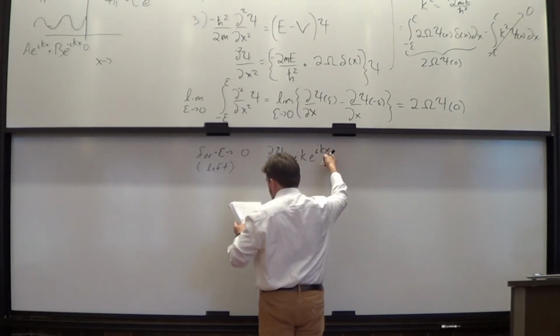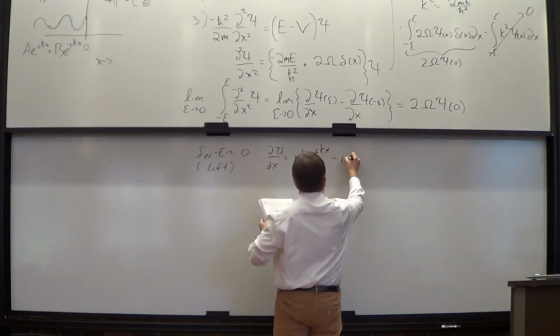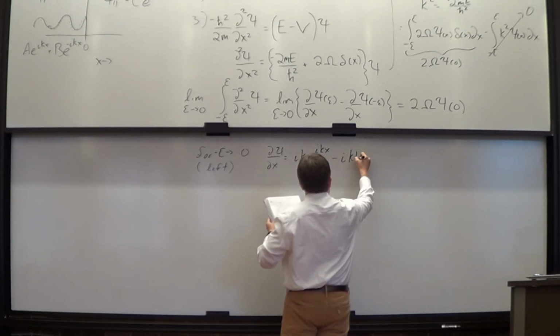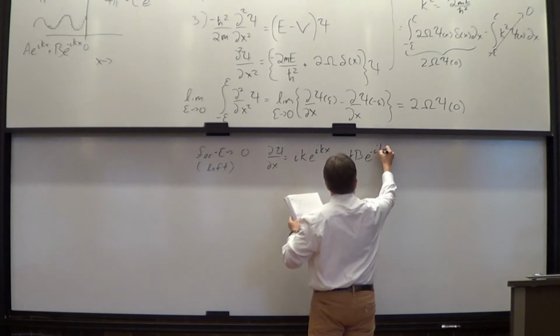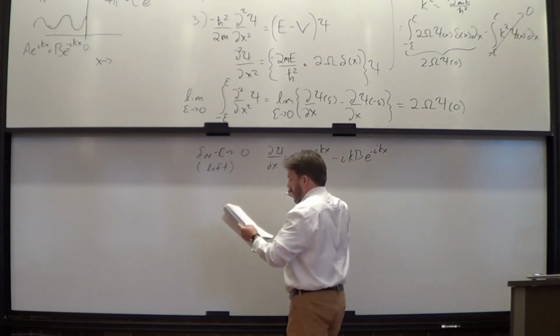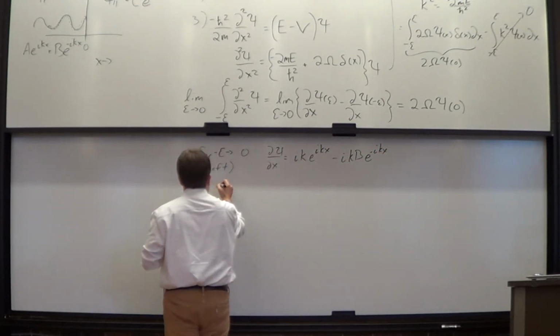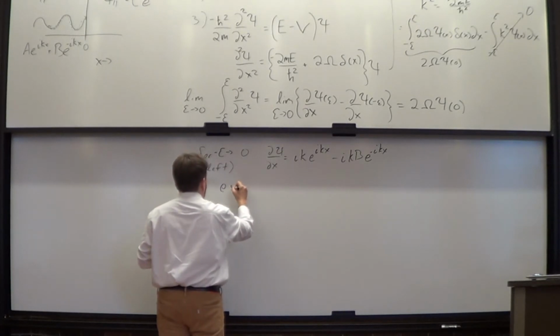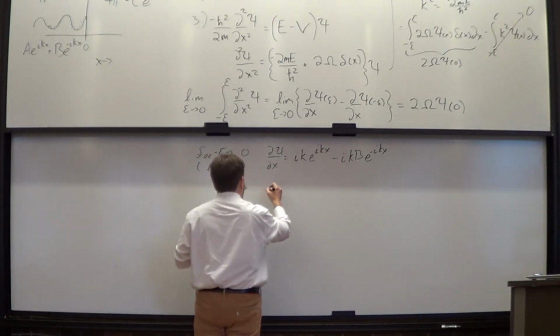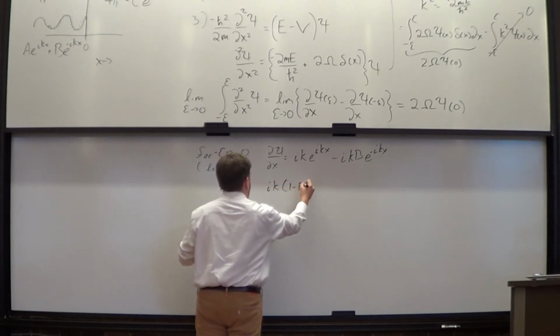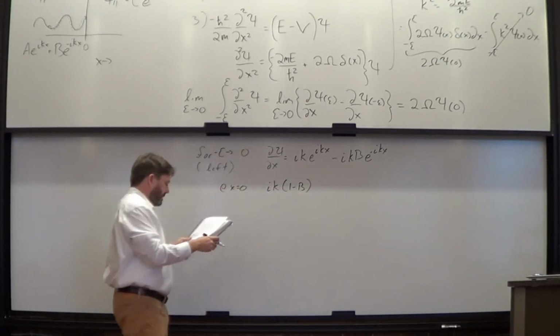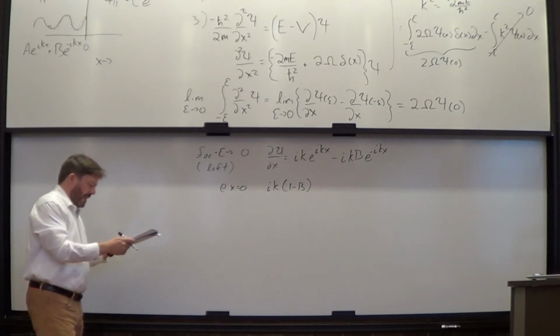Remember that x will be 0. We don't know what b is. Since we now invoke the limit, you've got ik times 1 minus b.